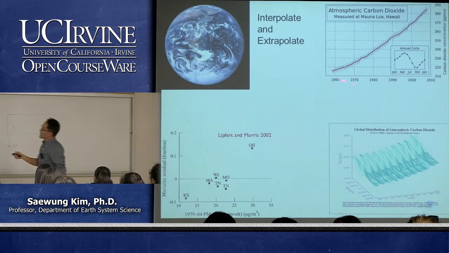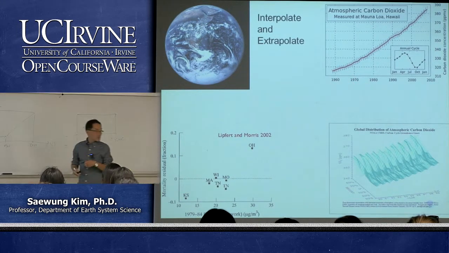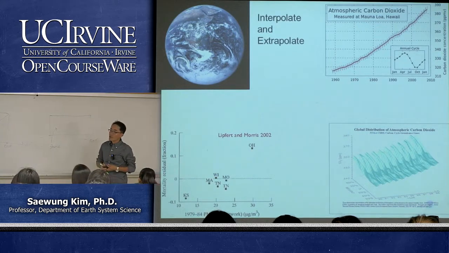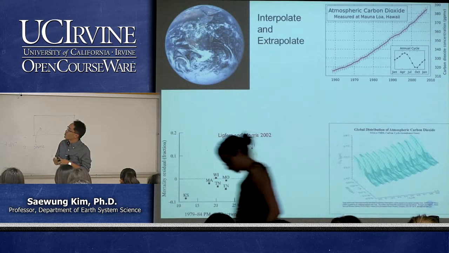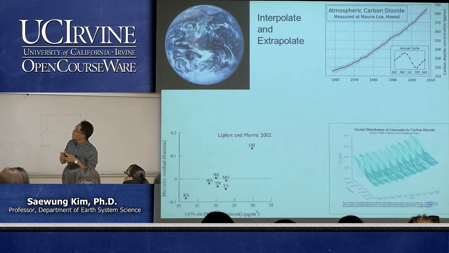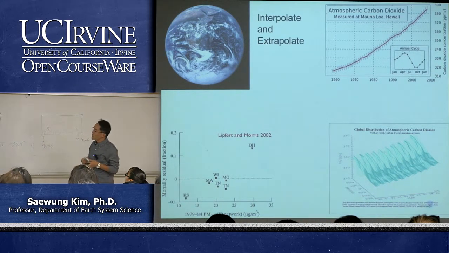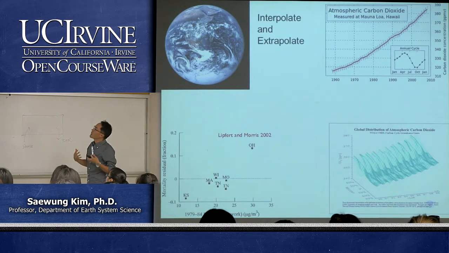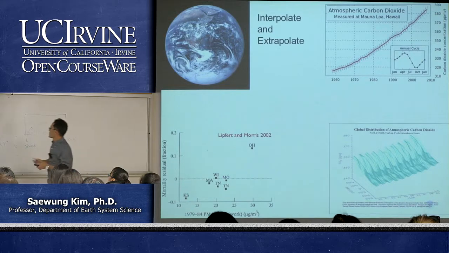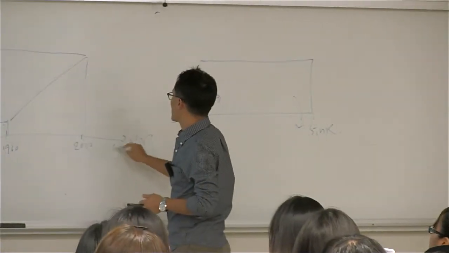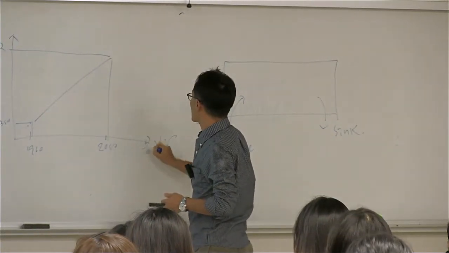In this case, the source that has been driving the CO2 increase over the past 50 years is human-made pollution, fossil fuel use. If we assume the same kind of increase of CO2 over the next 50 years, 2060, let's assume that's right here.